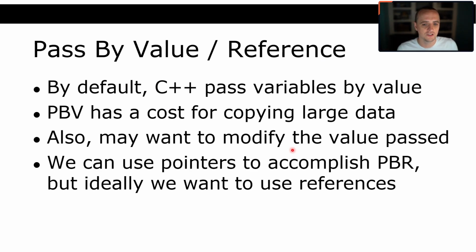Also, you may want to modify the value that's passed. So we could use pointers to accomplish pass by reference instead of pass by value, but ideally we would want to use references for that. So let's go back into our code and have a look at what I mean. There's an example in the slides.